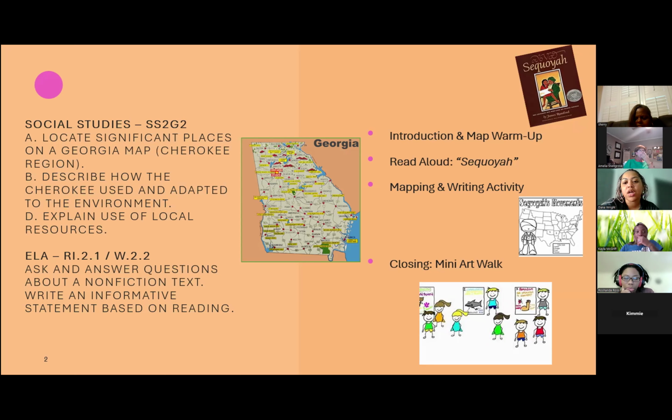And then for the closing, instead of an exit ticket, they will do a mini art walk around the room, looking at what they colored and wrote about on the map. So they'll just take an art walk around the room and check out the other students' artwork on their map. And that's it. That's all I got.